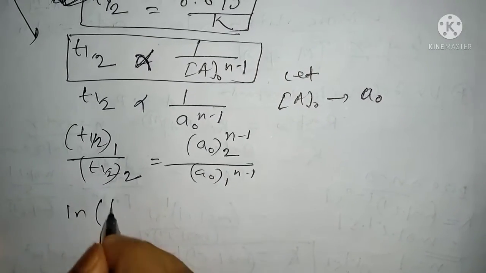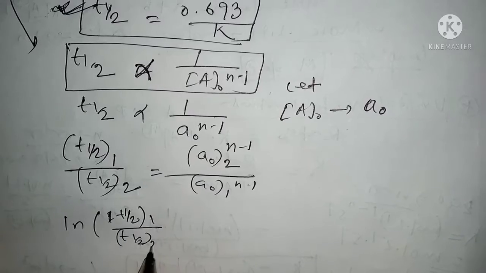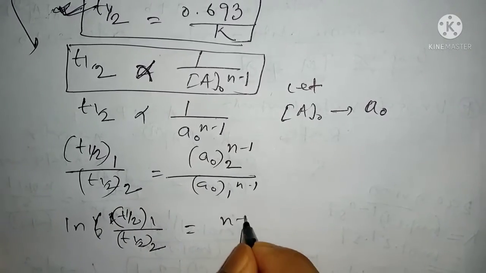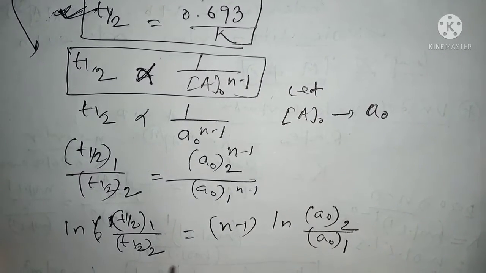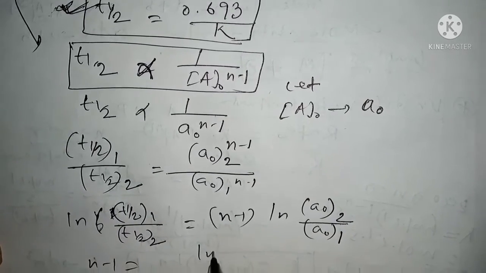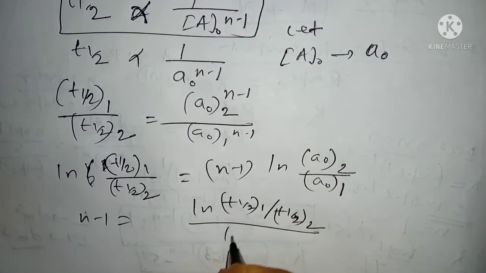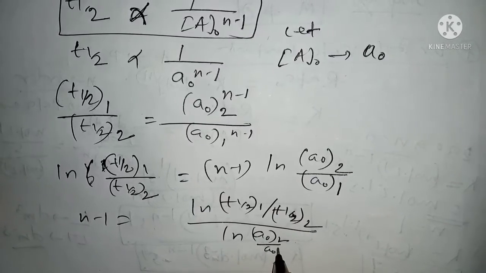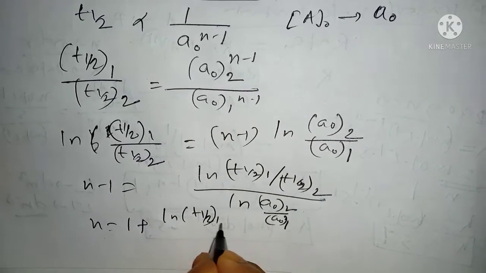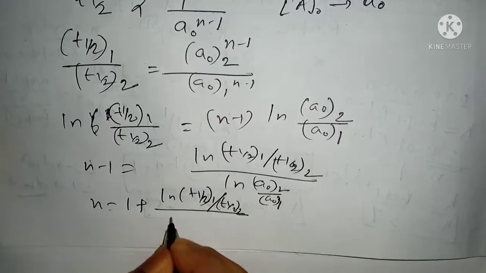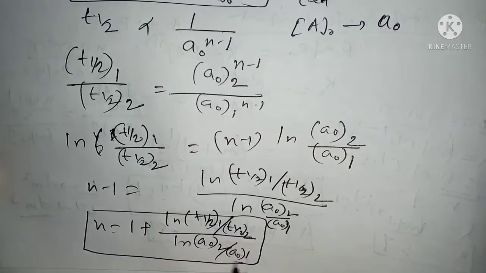Now taking ln on both sides: ln(t_half1/t_half2) = (n-1) ln(a0_2/a0_1). So n - 1 = ln(t_half1/t_half2) / ln(a0_2/a0_1). So n = 1 + ln(t_half1/t_half2) / ln(a0_2/a0_1). So this is the order calculation.